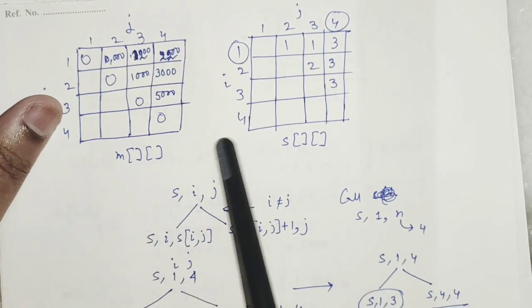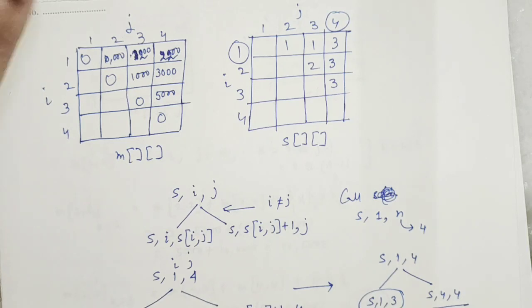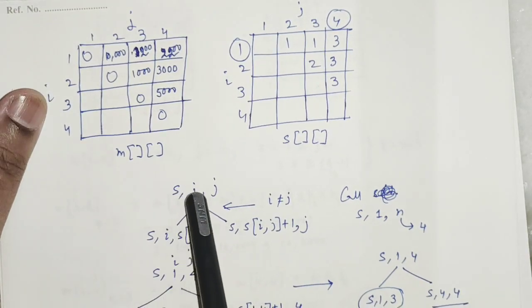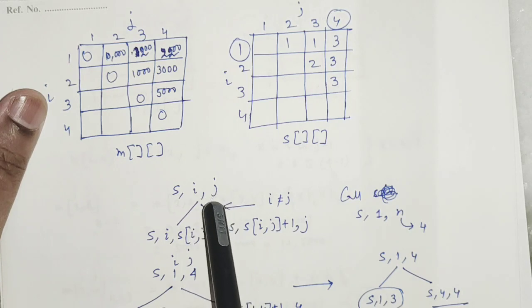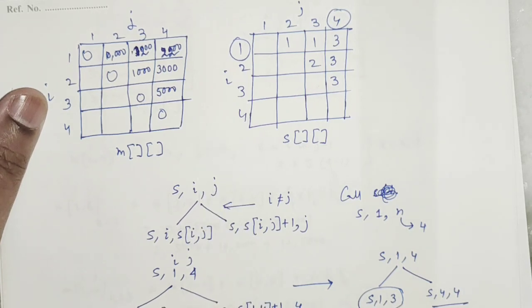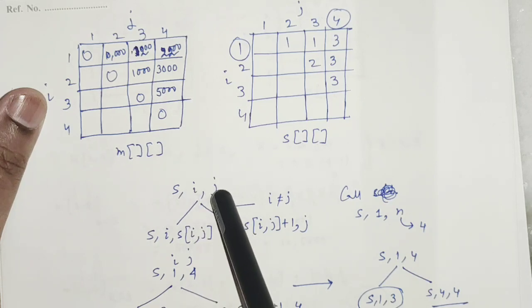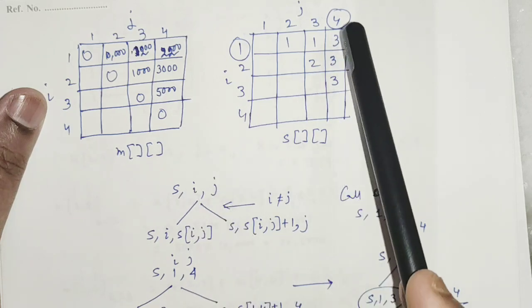So we will call this recursive definition for parenthesization. We will call the S table with two indexes i and j, that is row and column index, and i and j start from 1 and n. n will be the total number of matrices, here it is 4.